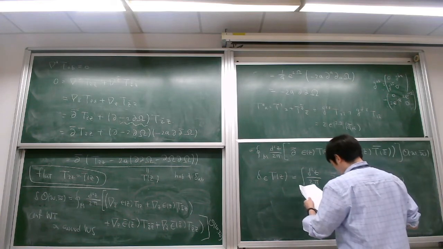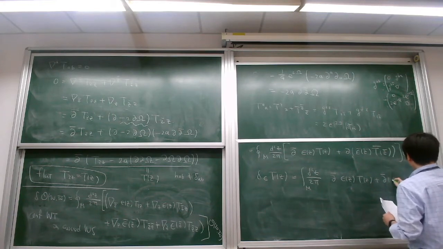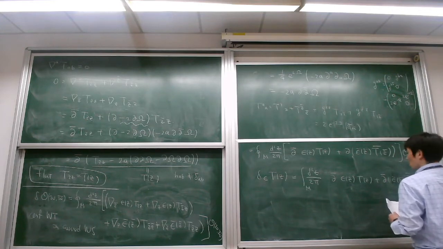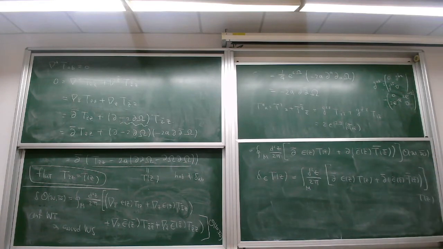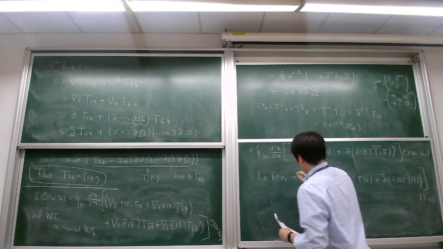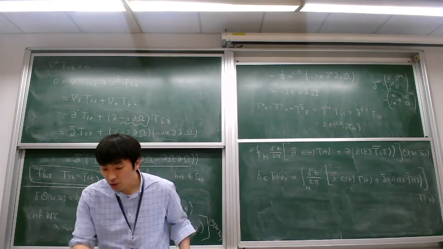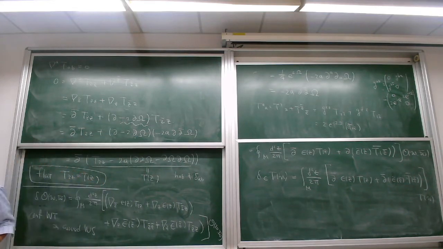I can omit the anti-holomorphic part and just focus on the holomorphic part. Okay, so this is the usual contour integral, and then one can take, oh my goodness, it should be w, w and w. I need a new chalk, I should have brought good chalk here.